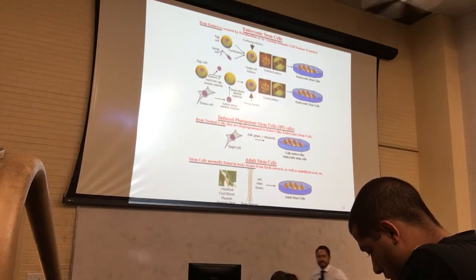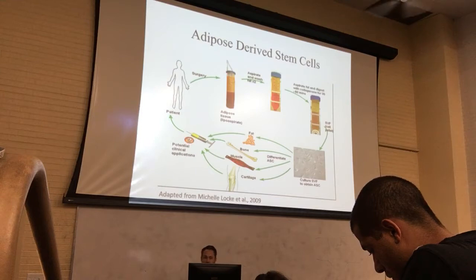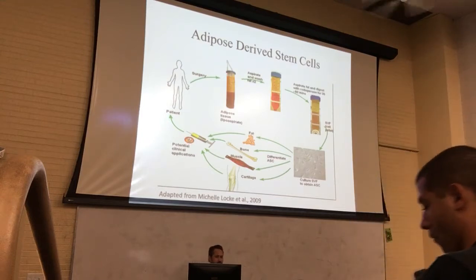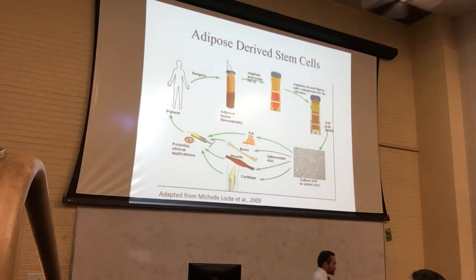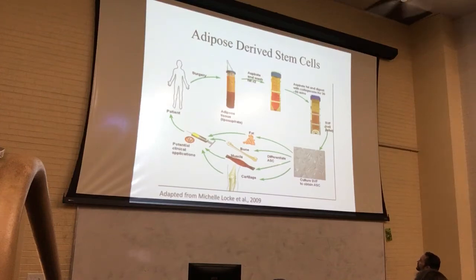I like it, okay? So, these adult-derived stem cells, you've got all sorts of different sources, and I've over the years played around with these different sources. We have fat sources, bone, muscle, cartilage, that these cells can become.